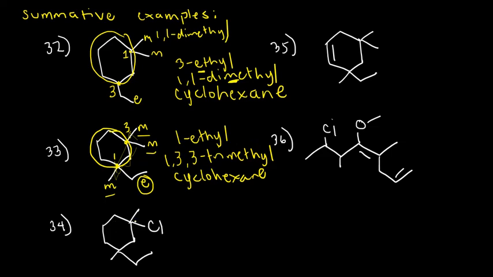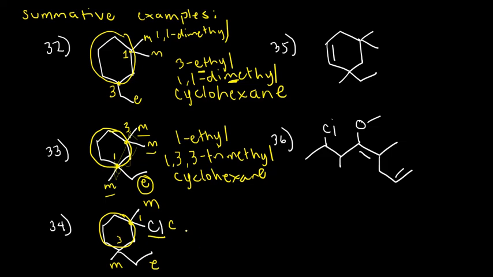Then for 34, just the same almost as 33, we just change 1 methyl to chlorine. So now, this is another battle. 1,1,3,3 versus 1,1,3,3. So it's an alphabetization battle. MC versus ME. And this time, C is chosen before E. So we go back to this carbon being number 1 and this one being number 3.